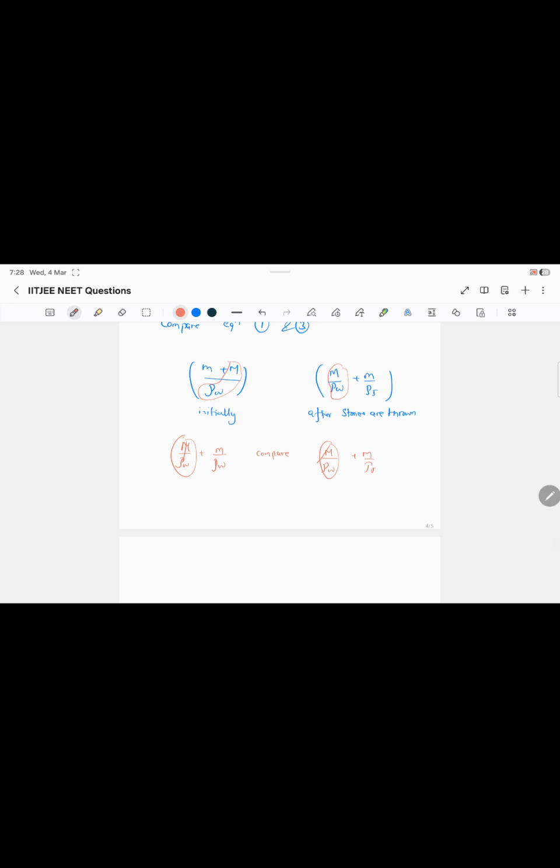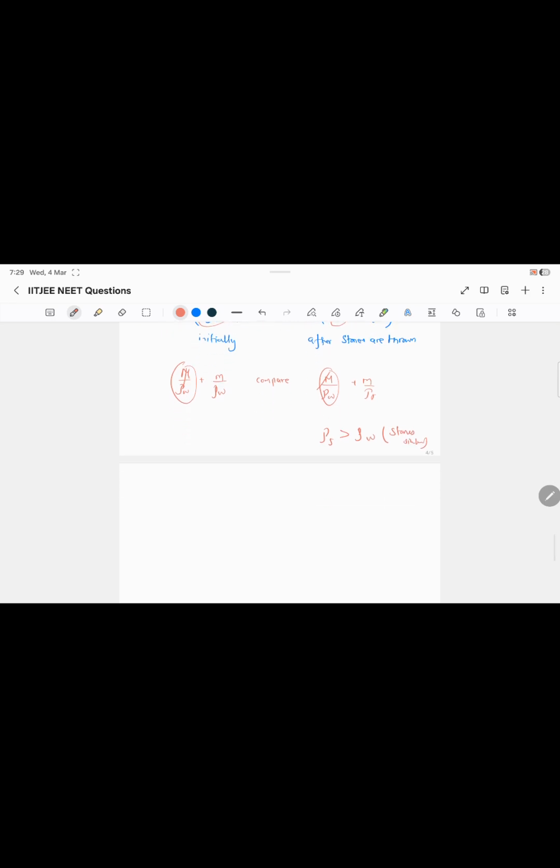It is clear that rho of stone is greater than rho of water, because stones sink. Because stones are underwater and the density of stone is heavier, that's why they sink. So what can you conclude?